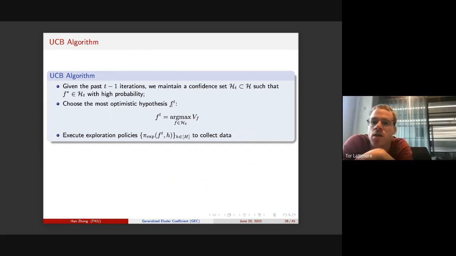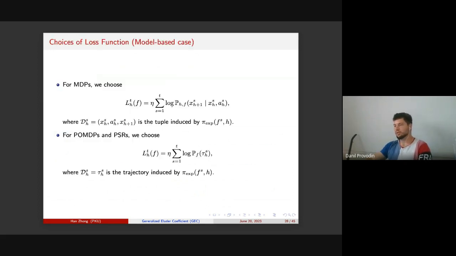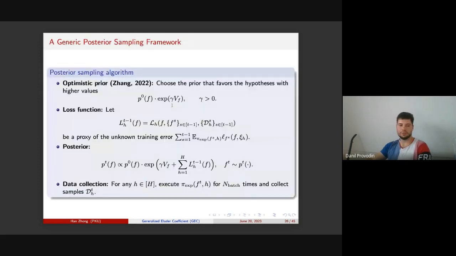Daniel? Yeah, hi. Thank you for the great presentation. I have a question regarding the posterior sampling algorithm. Do you just sample once from the posterior that you construct here? Because I know that even for tabular MDPs, ensuring optimism of this sample might be problematic, and people usually sample several times and then pick the truly optimistic sample.